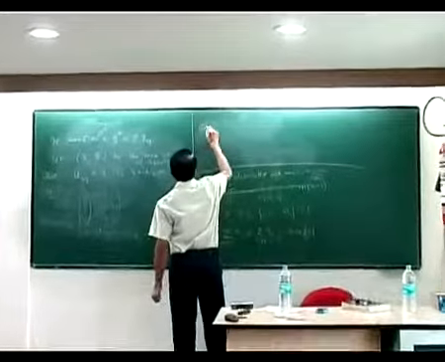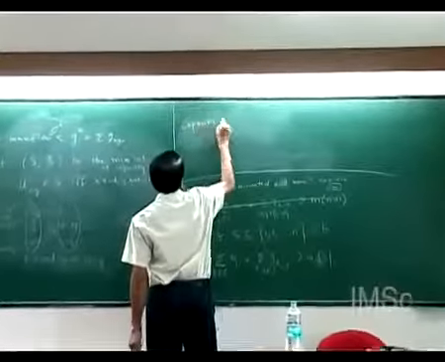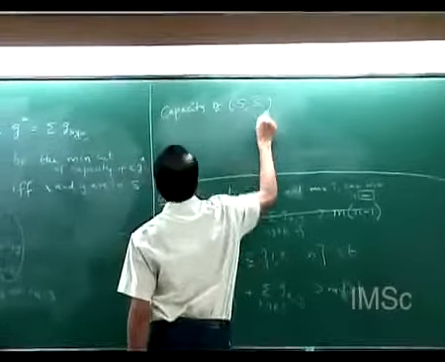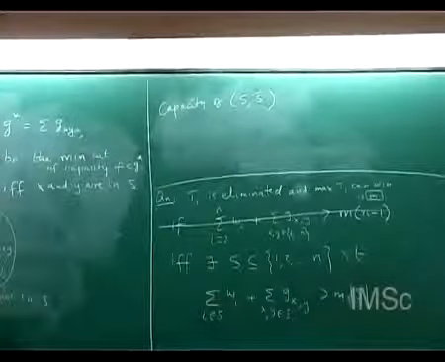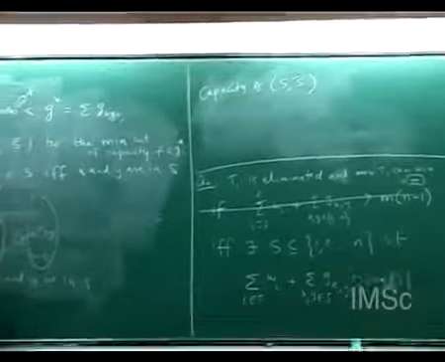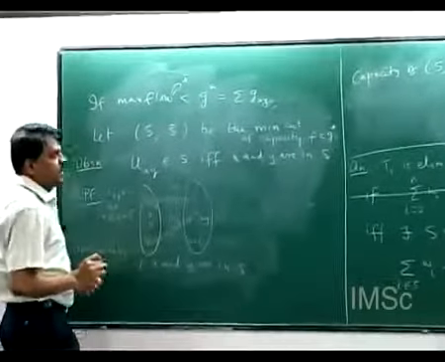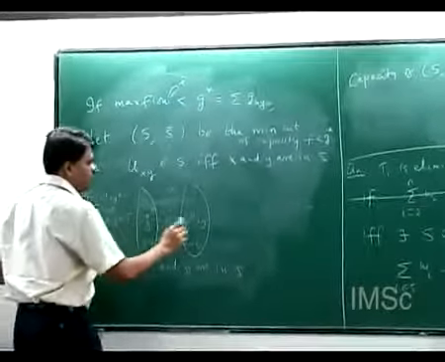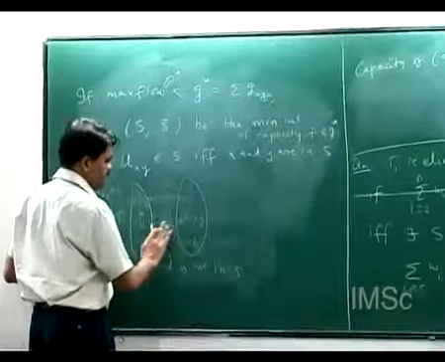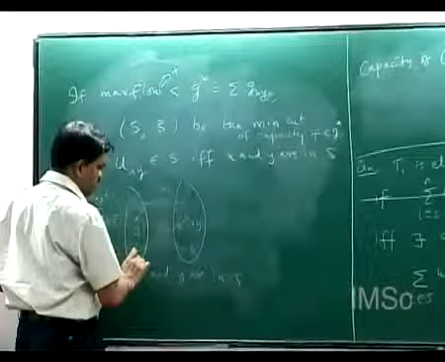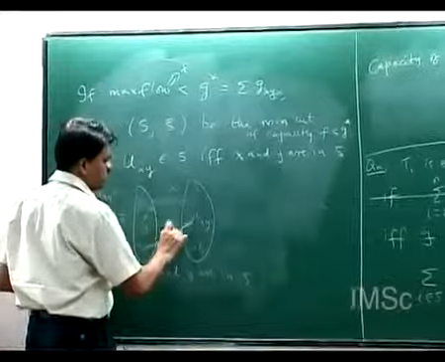So, capacity of S bar. Now how is S bar? There are some uxy's. If you have a uxy here, then there is a contribution of gxy.